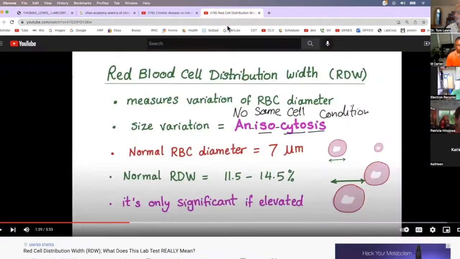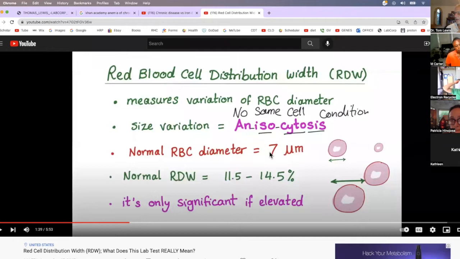I find this one more humorous than anything, and I'm starting it right in the middle here, rather than at the beginning. So, size variations. It's called anisocytosis, so no same cell condition. In other words, it's just a fancy Latin word for that.